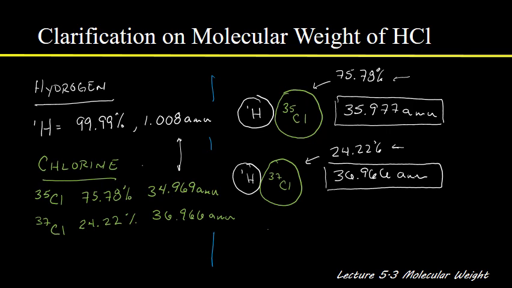So if we do the same thing, calculating a weighted average by assuming that 75.78% of the molecules have this mass and 24.22% of the molecules have this mass, then we get a result of 36.46 AMU for the average.